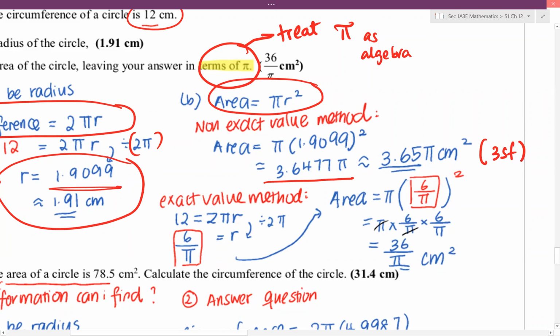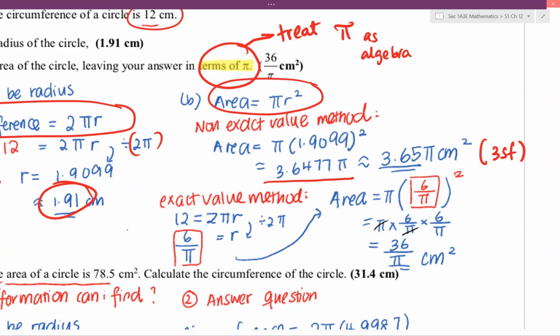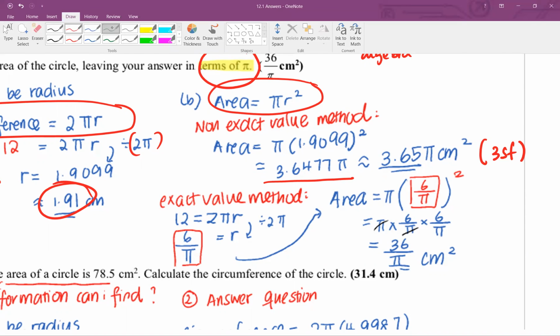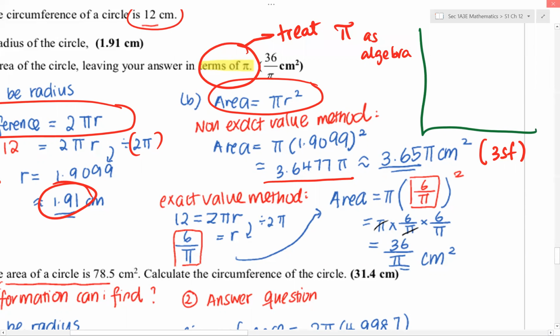If you had used your 1.91, let me just do a quick check. Maybe I'll still get 3.65. Maybe I wouldn't. Let me try. So pi r square. Don't copy this down. Whatever I'm going to write, please do not copy it down because it's wrong.